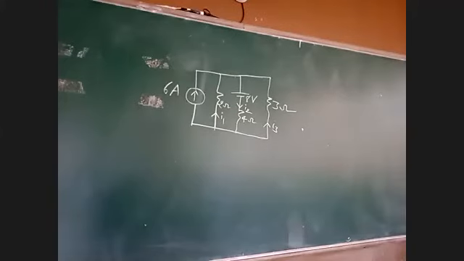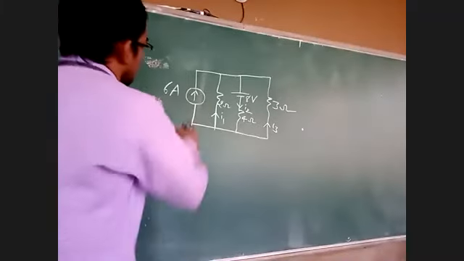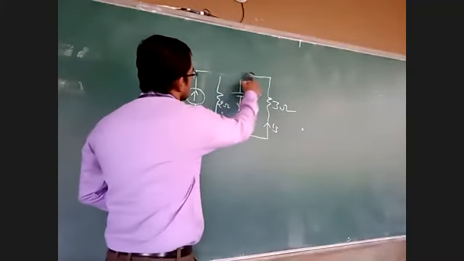How many nodes are there? Two nodes. Sorry, four nodes. Four nodes. There is only one node. See here.